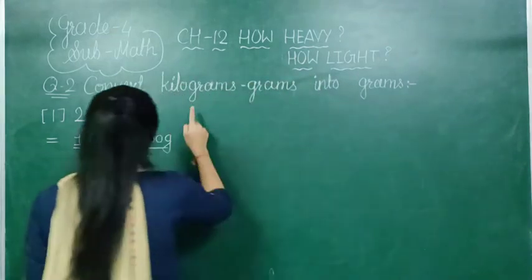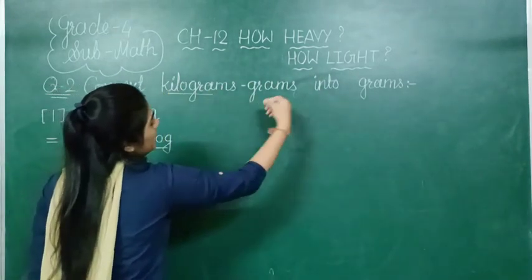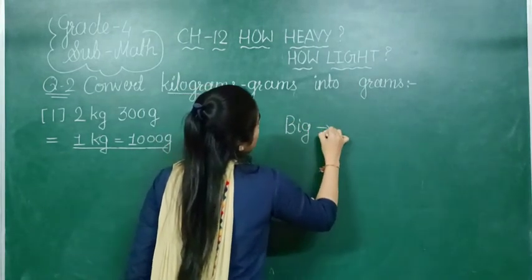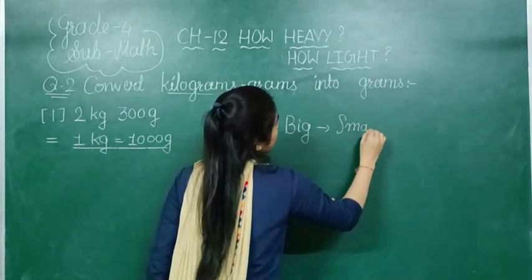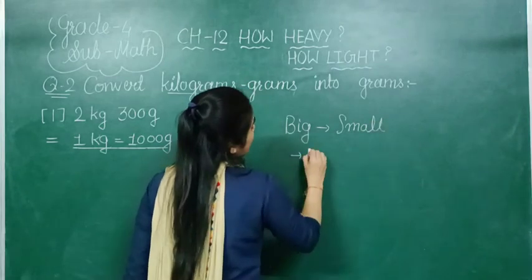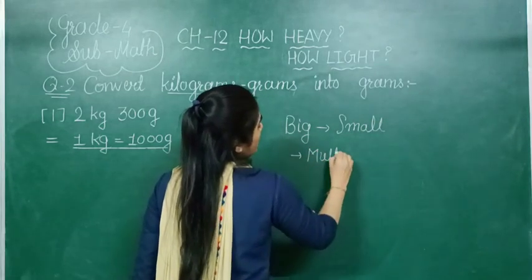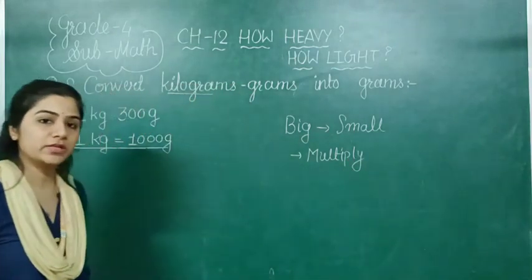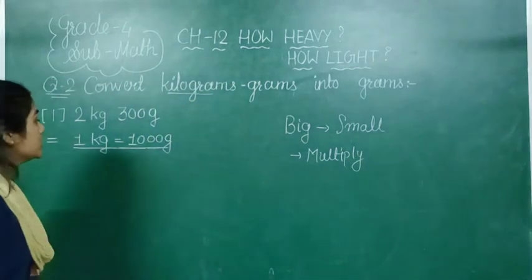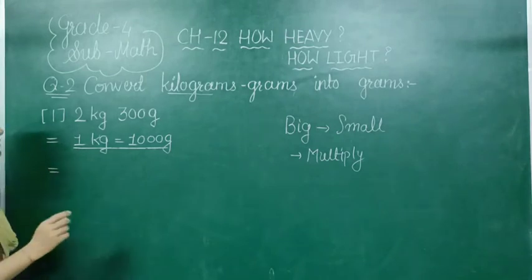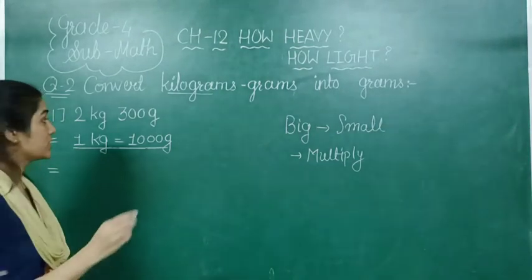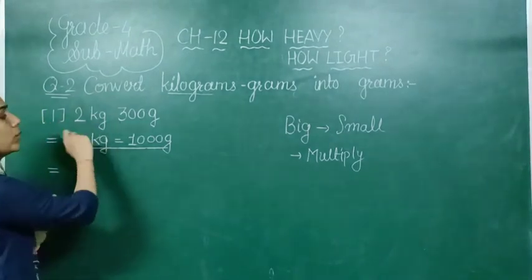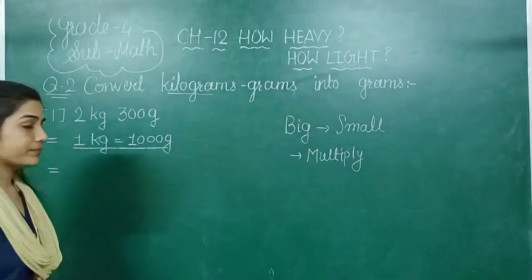Now I told you that we are going through this kilogram into gram, means we are going through big into small unit. So at that time we will do multiply. Already this basic points I have cleared to you in the lecture also. So whichever number is given in kilogram, that number only we will convert into gram.